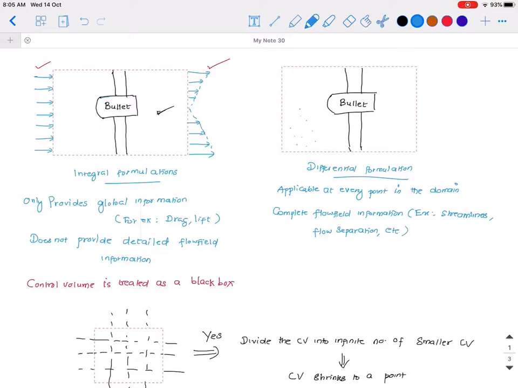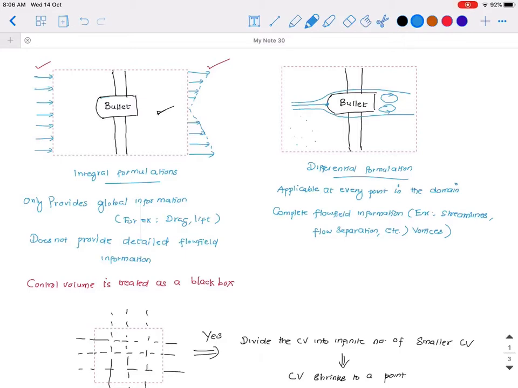Streamlines may look like this, and there can be a flow separation here forming vortices.